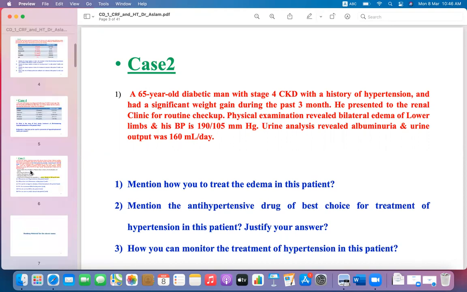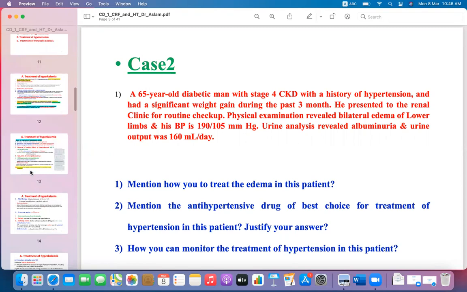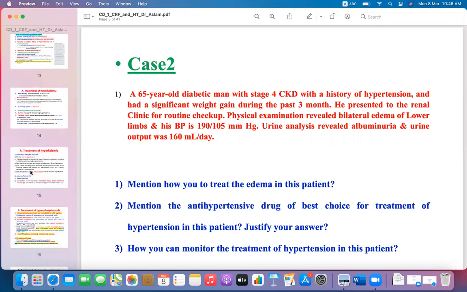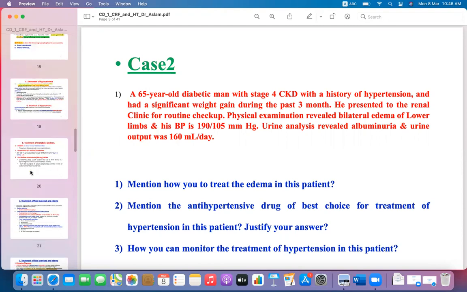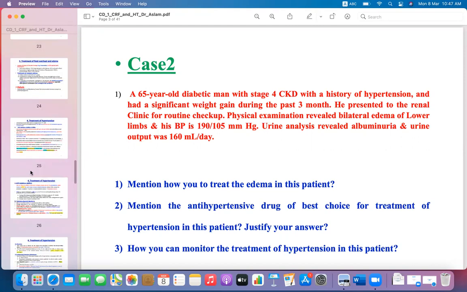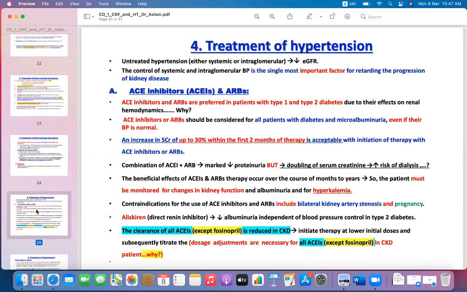We will treat the hypertension first and then the edema. Treatment of hypertension: which drugs are useful?